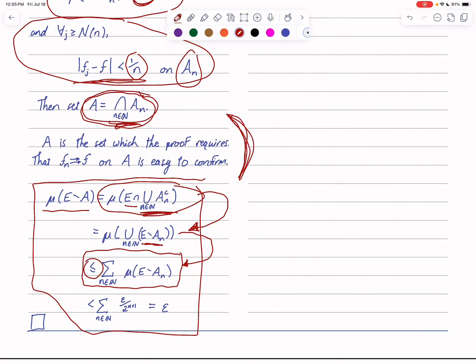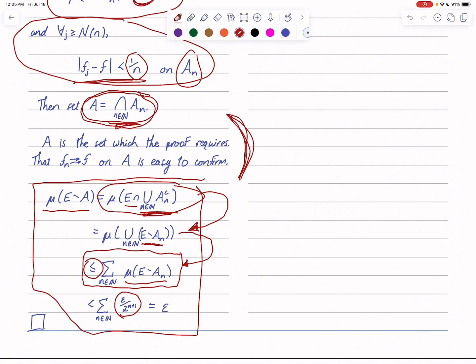So we use that theorem from earlier saying that it's less than or equal to the sum. And then we'll use what we said, this measure mu of E minus A_n, is less than epsilon over 2 to the n plus 1.